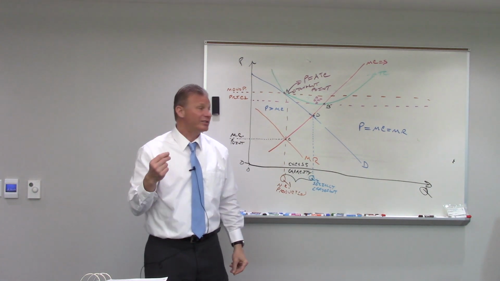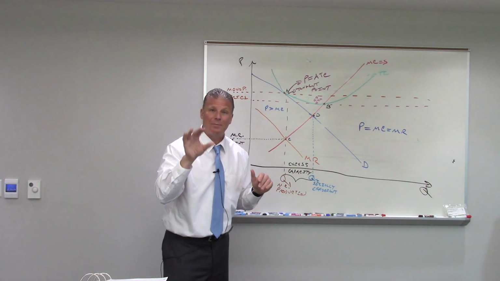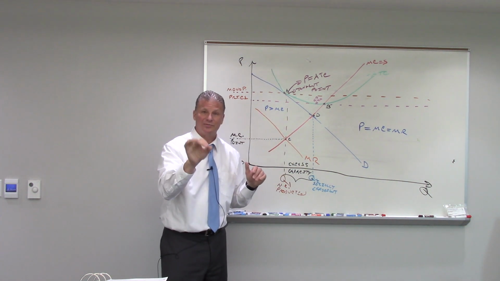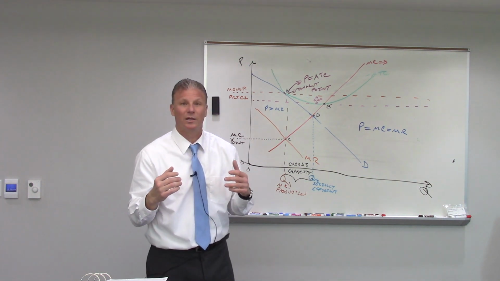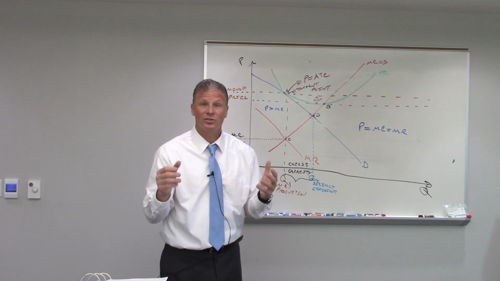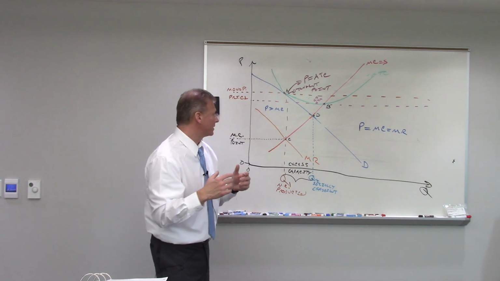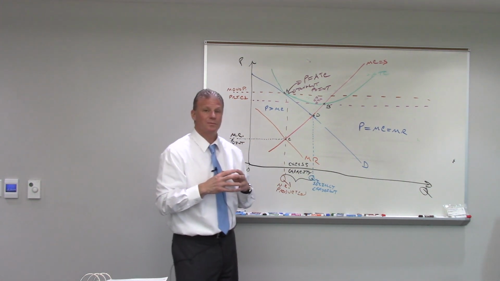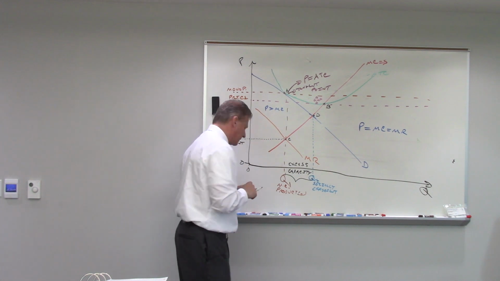Which also means, with a monopolistic competition environment, an MC firm environment, if you will, lower consumer surplus, lower total surplus.